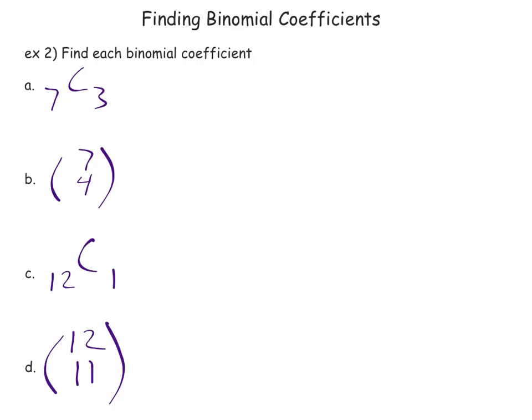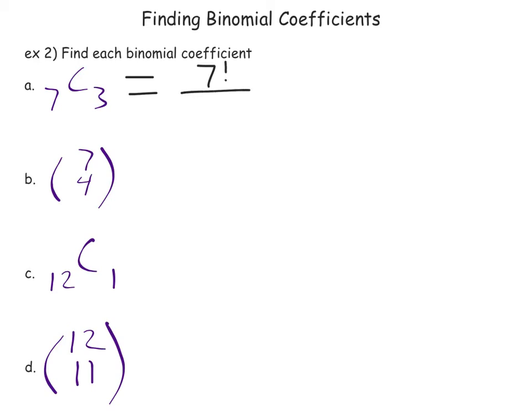I've got 4 more here because I want you to start to notice something. It shouldn't be any surprise that with these coefficients there's a pattern. There's a really, really strong pattern going on, and I want you to start to see that.